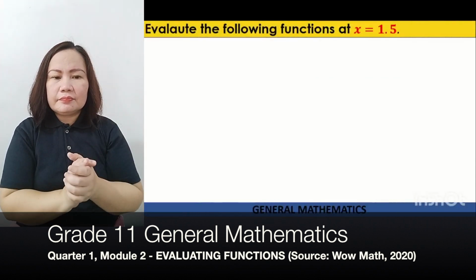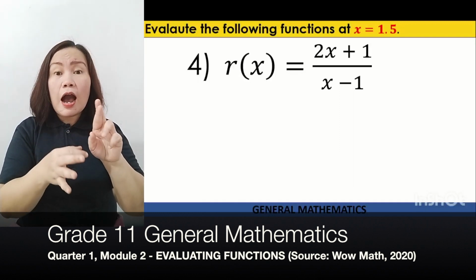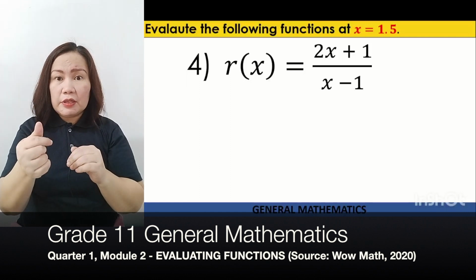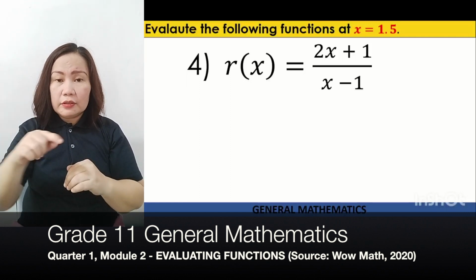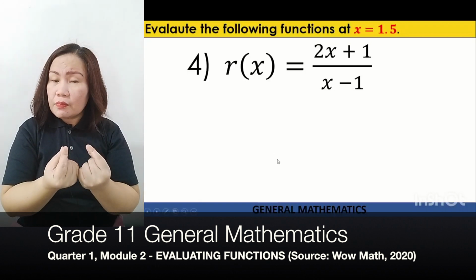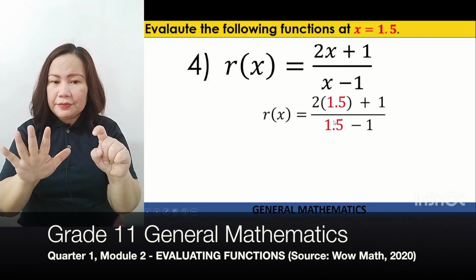Another example, r of x is equal to 2x plus 1 all over x minus 1. Evaluate the function. Ang unang ulit na gagawin, papalitan natin ng x ng 1.5.